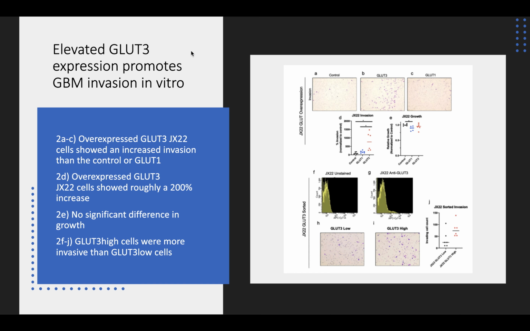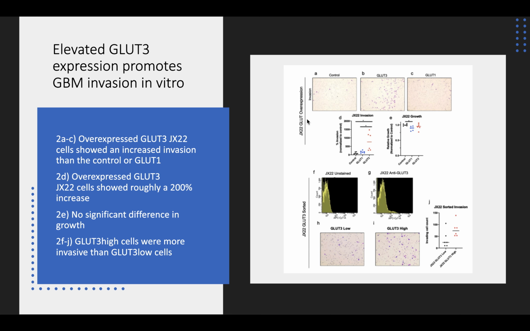Again, the title of this matches the same title as in the results section of the research paper that corresponds to this graph, figure 2. The title is Elevated GLUT3 Expression Promotes GBM Invasion in Vitro.